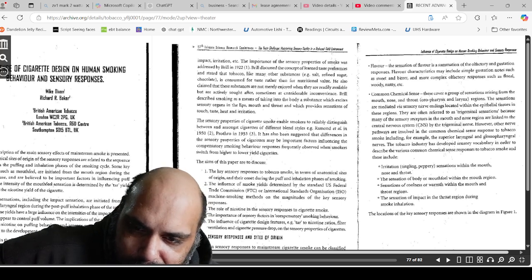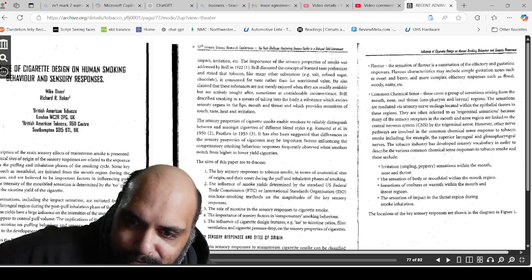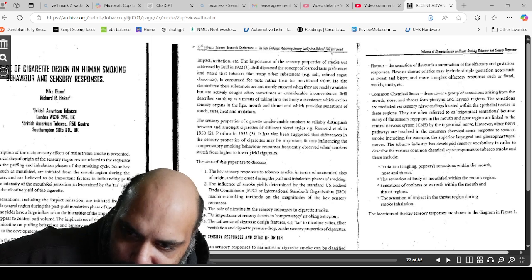Common chemical senses. These cover a group of sensations arising from the mouth, nose, and throat, or pharynx and larynx regions. The sensations are mediated via sensory nerve endings located within the epithelial tissue in these regions. They are often referred to as a trigeminal sensation because many of these sensors or receptors in the mouth and nose regions are linked to the central nervous system by the trigeminal nerve.